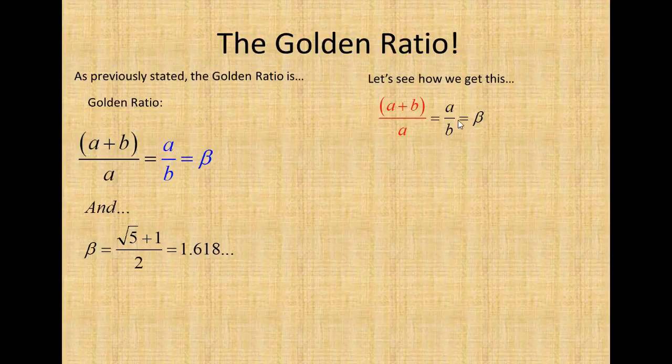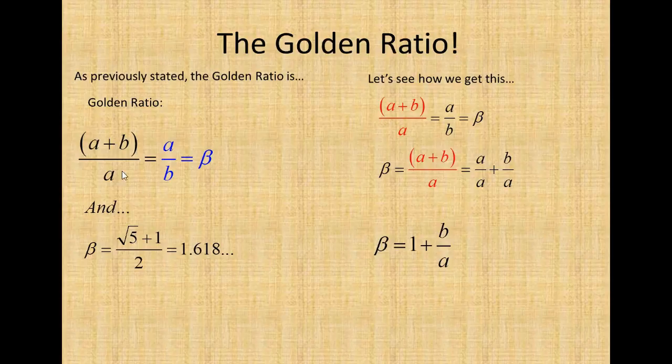First, let's look at beta is equal to A plus B divided by A. If we divide A plus B by A, we get A over A plus B over A. So that's equal to 1, because A goes into A one time, plus B over A. But what is B over A?